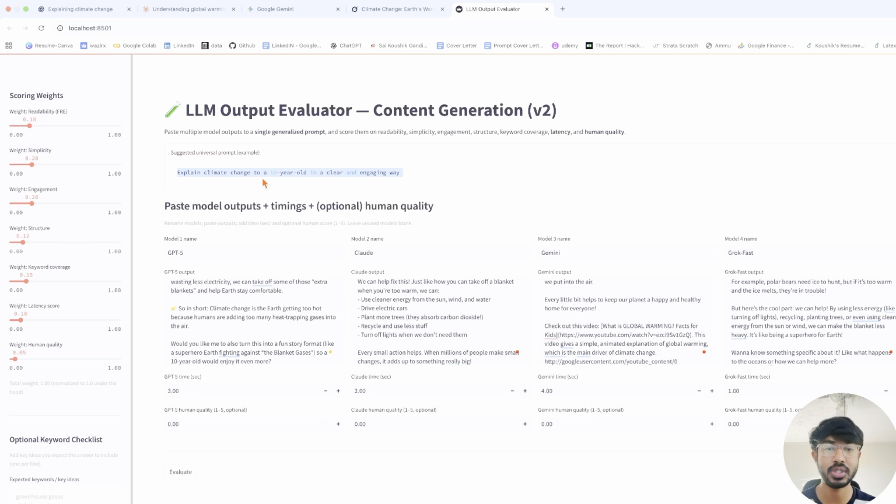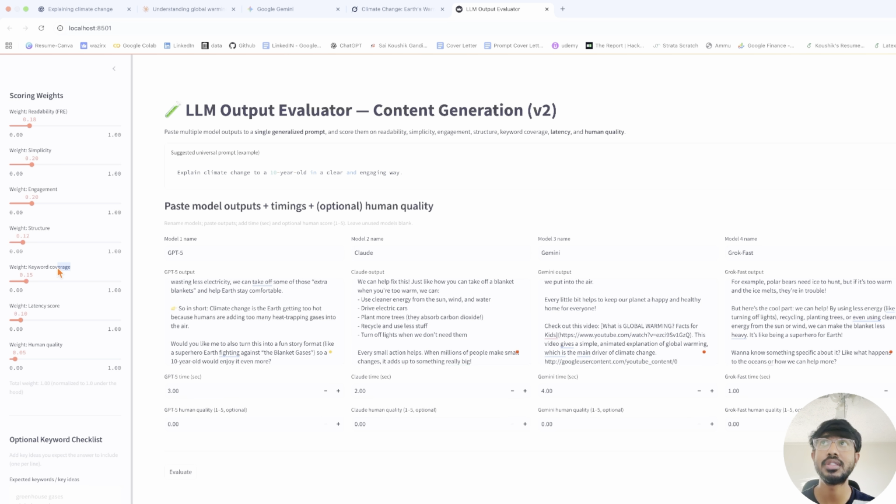Then engagement: it should be engaging, with things like talking to you, making you imagine, asking you questions. And structure, which is correlated with readability, in terms of paragraphs, walls of text, bullets, lists, etc.